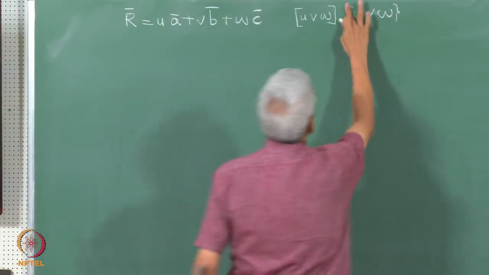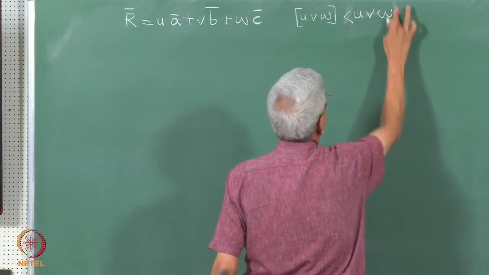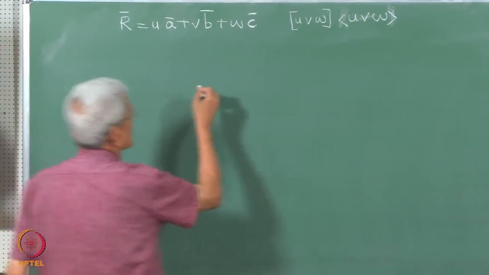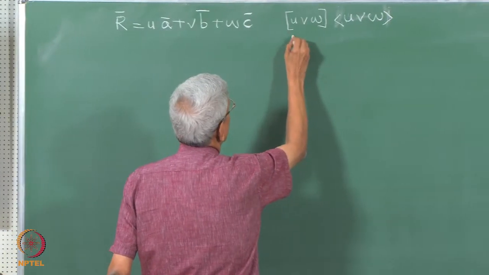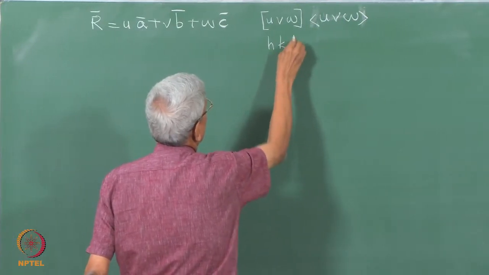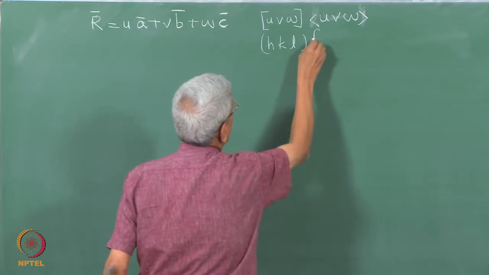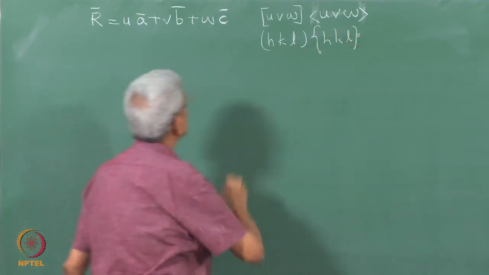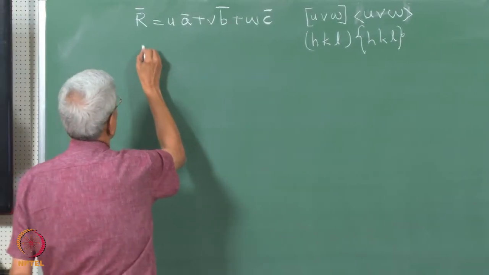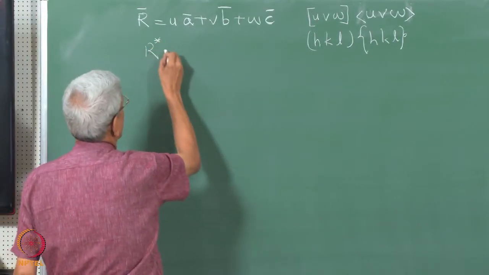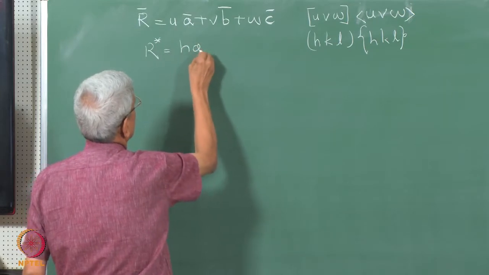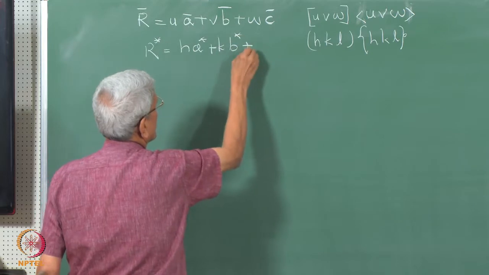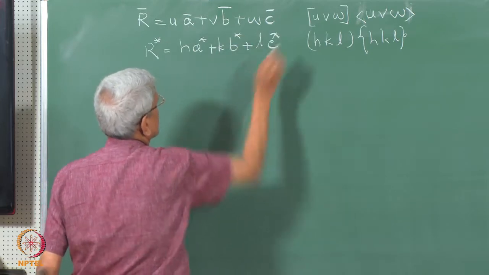So, if you wanted to represent a plane, generally we represent it with respect to HKL, a specific plane, and a family of planes is with respect to HKL, and this HKL are nothing but, if you take a vector r star in the reciprocal lattice, it will be h into a star plus k into b star plus l into c star.